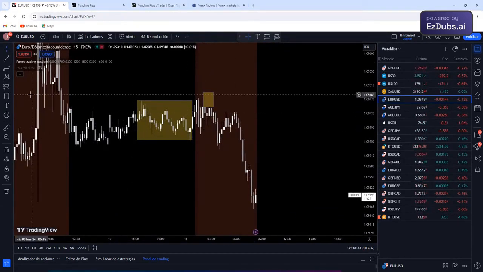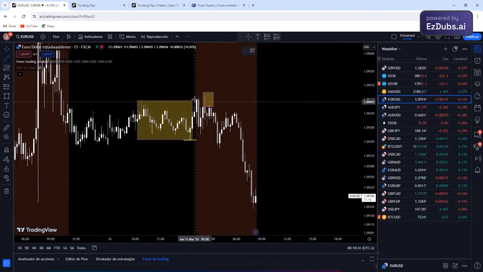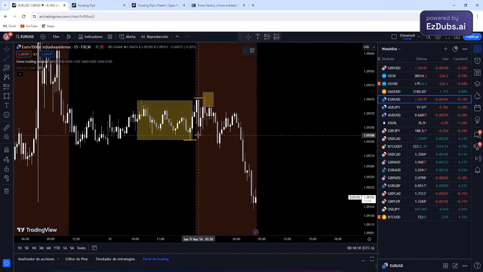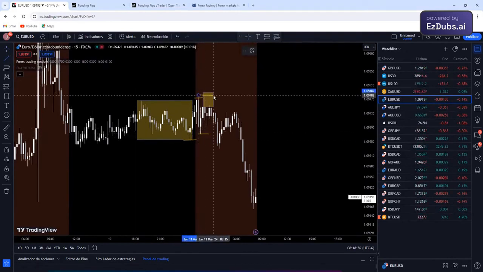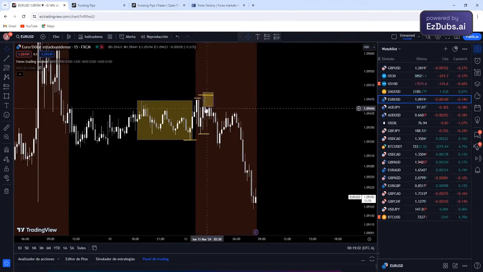Then what happens? Well, we are going to start marking the structure. If we look, this was the structure the price was forming. Here's the last low that makes this high valid, and here was the last low that made this high valid. That only served to sweep some stop orders and activate some buy stop orders that people possibly have at this point, to come and perhaps look for this area up here. Then the price did the opposite and the structure breaks.